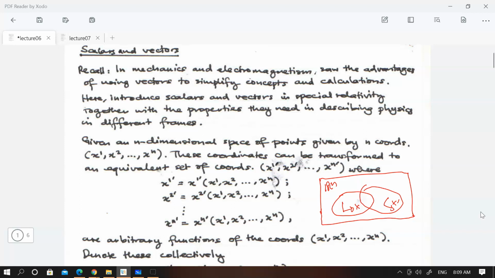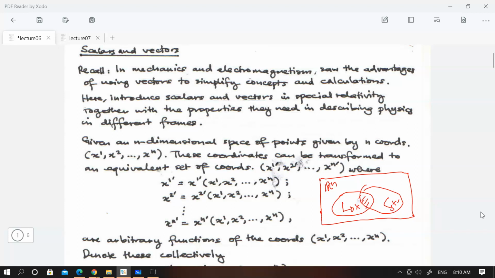So one can have different local descriptions, but somehow these local descriptions might have some overlap where they can understand each other. Within this overlap, there must be the ability to transform one set of coordinates to another set of coordinates.